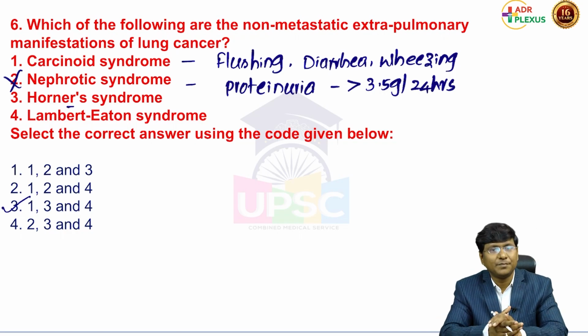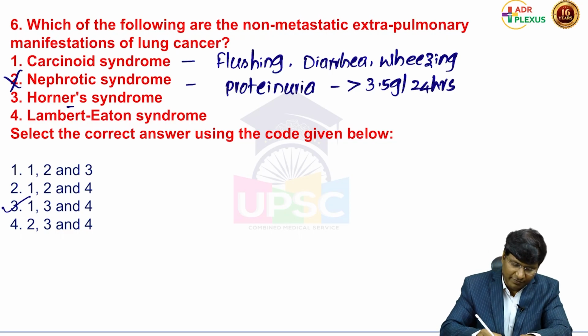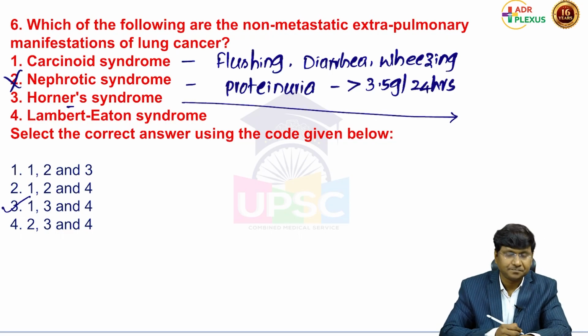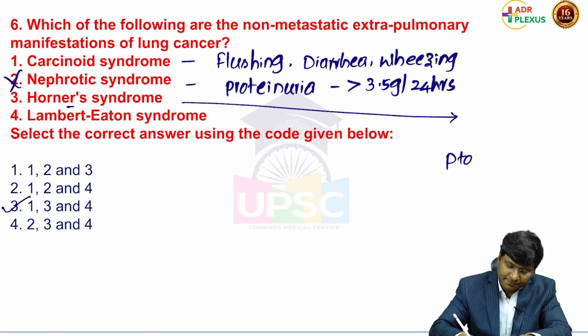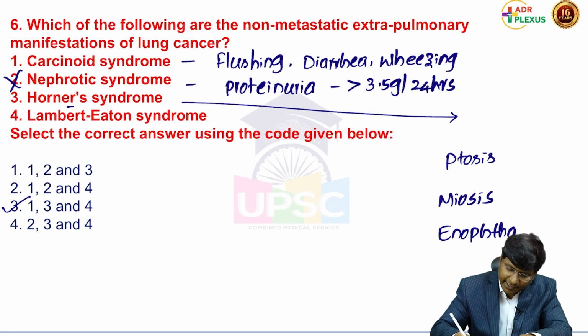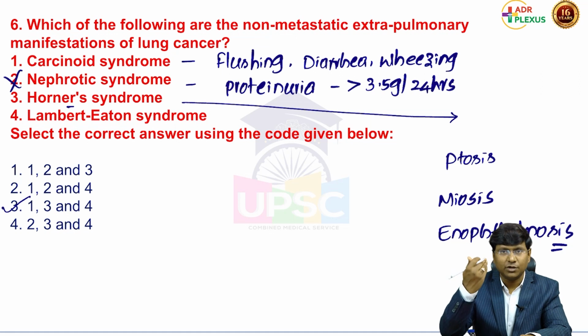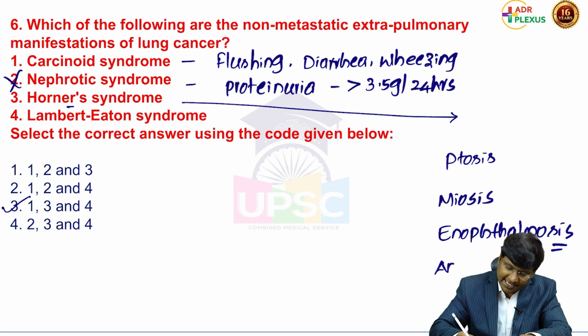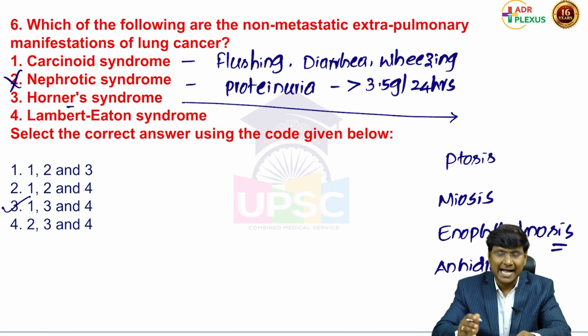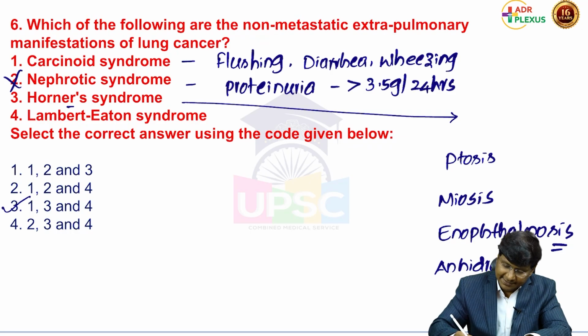Then you take Horner syndrome. What will be the manifestations of Horner's? That includes ptosis, then miosis, where there will be constriction of the pupil, then enophthalmos, where there will be inward movement of the eyeball, then anhidrosis, where there is absence of sweat secretion, then loss of the ciliospinal reflex.